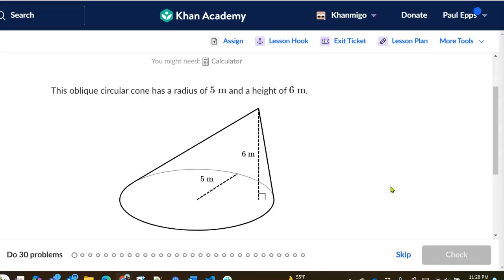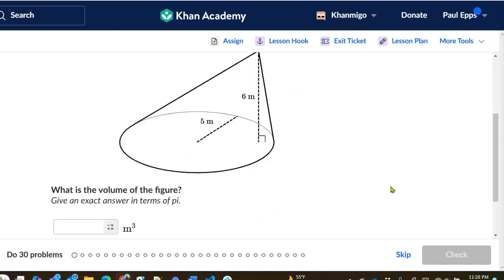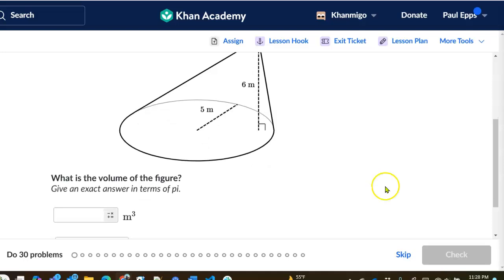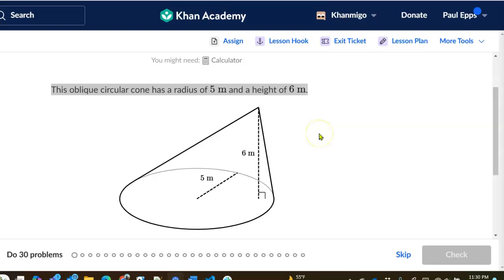An oblique circular cone has a radius of 5 meters and a height of 6 meters. What is the volume of the figure? Give an exact answer in terms of pi. The volume of a cone, and the fact that it's oblique doesn't change this, is 1/3 pi r squared times the height.